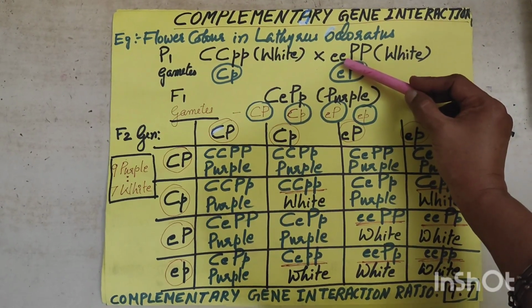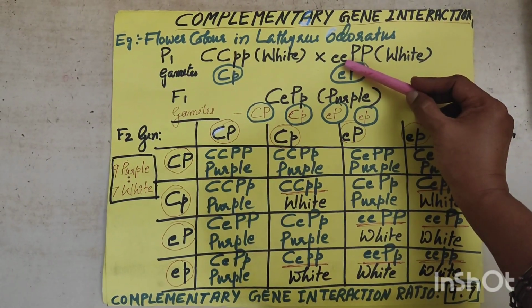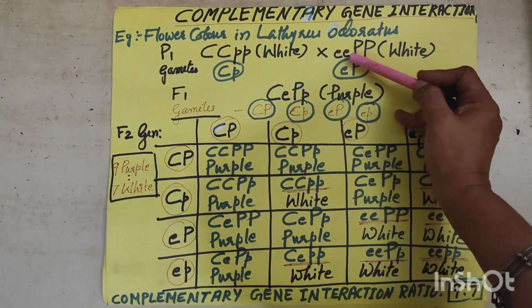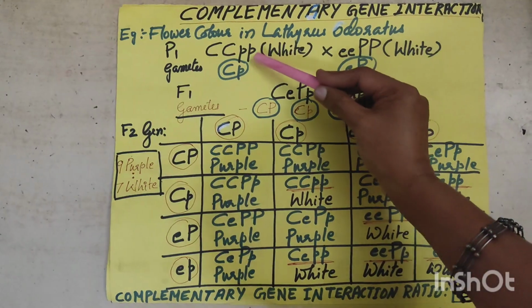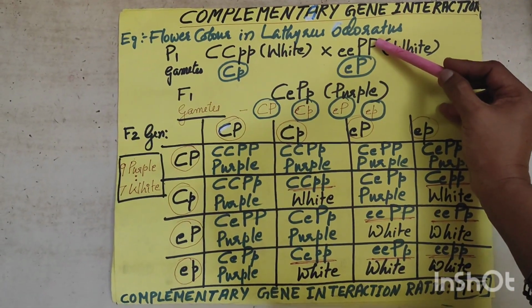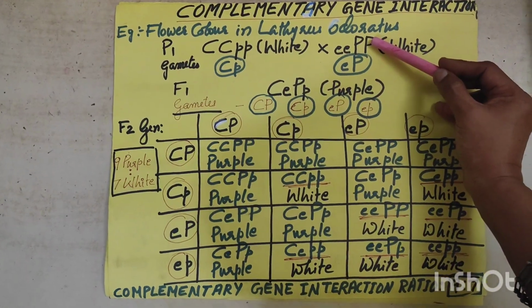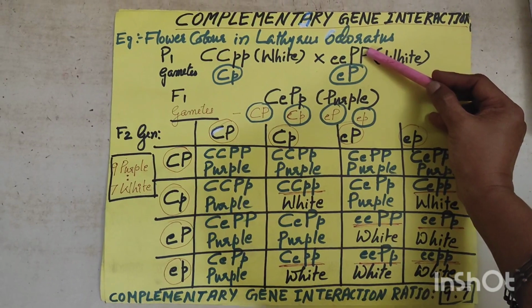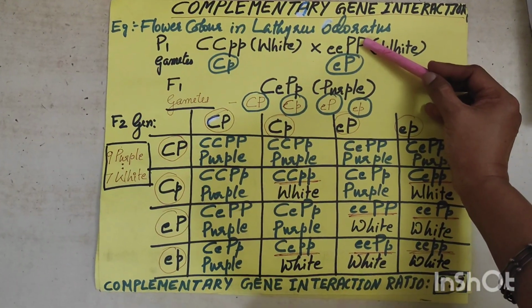And one thing that you have to remember is to be very careful while writing capital C, capital P and small p because it can be mistaken easily. Capital P and small p, capital C and small c. So be very careful while writing these lowercase and uppercase letters.